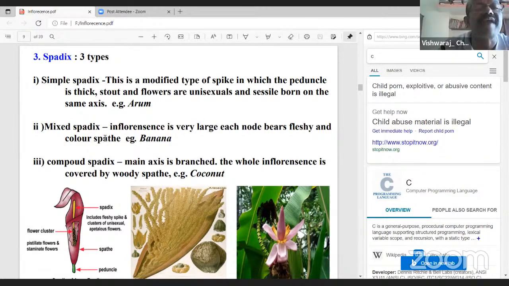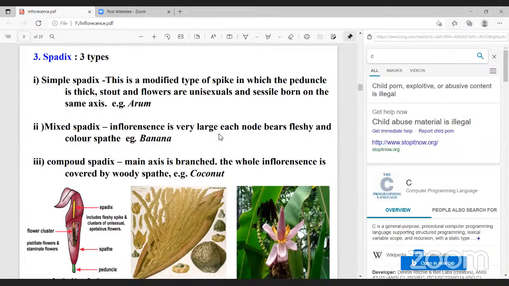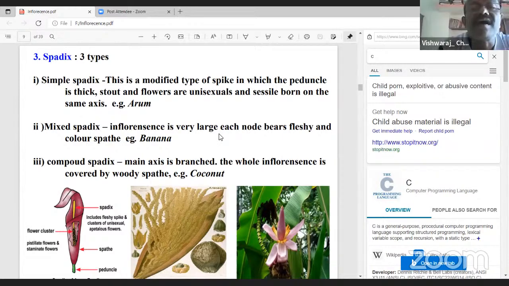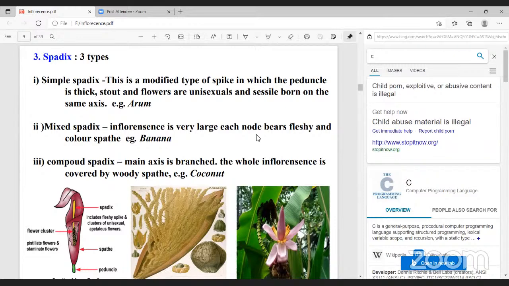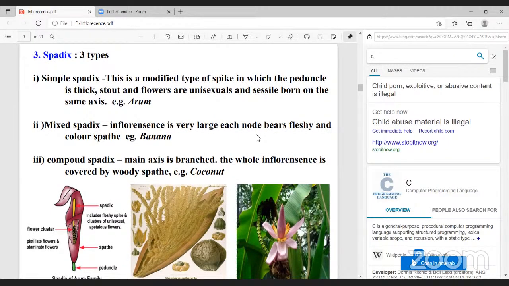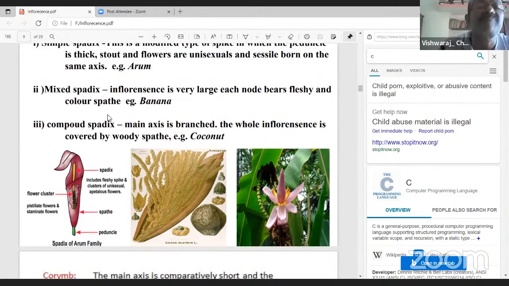Then mixed spadix. The inflorescence is very large, with fleshy and colored spathes. Example: banana.